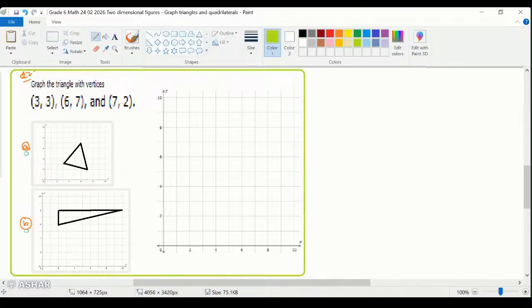See, we had the coordinate 3, 3, 3 and 3. But this coordinate is something like 2, 6, which is not possible. We cannot see 2, 6, right? Then we had 6, 7. And then we had 7, 2.